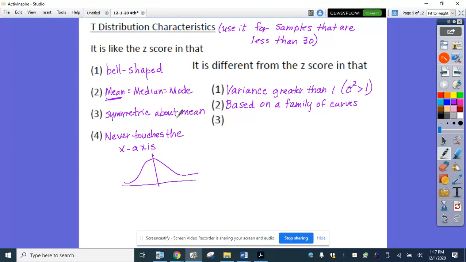As the sample size increases, the curve approaches the normal curve.